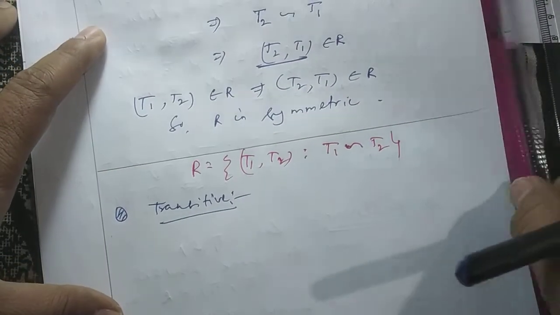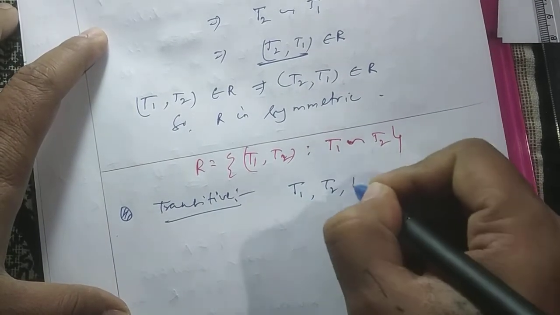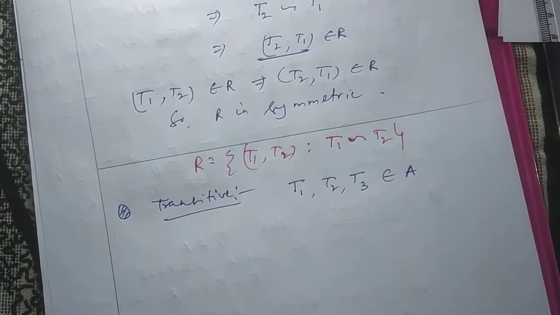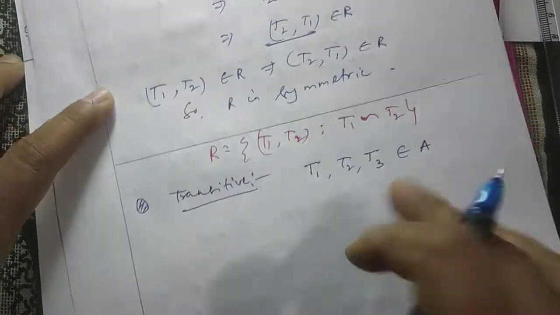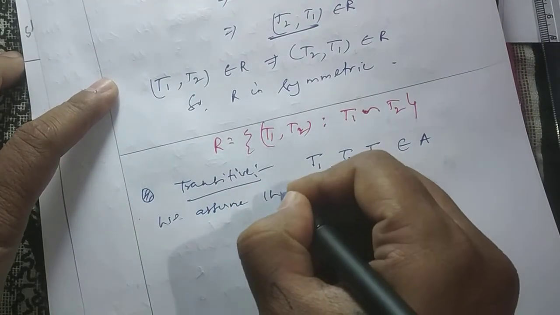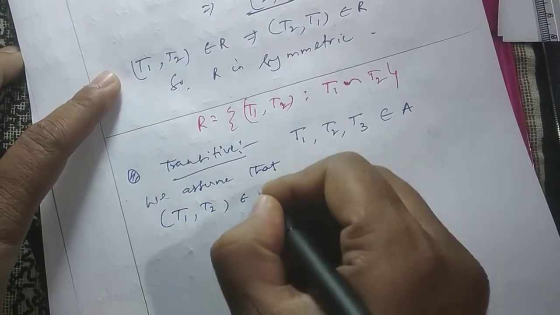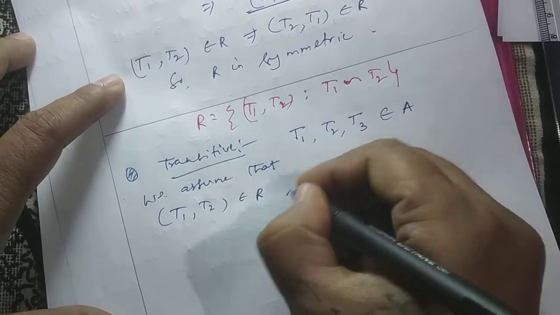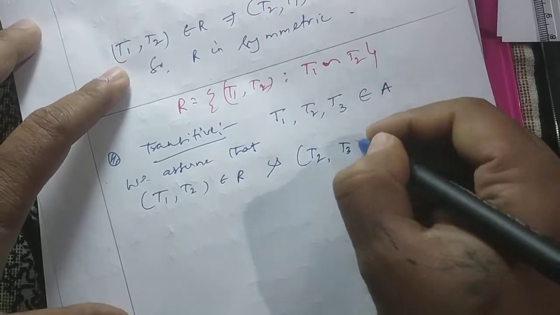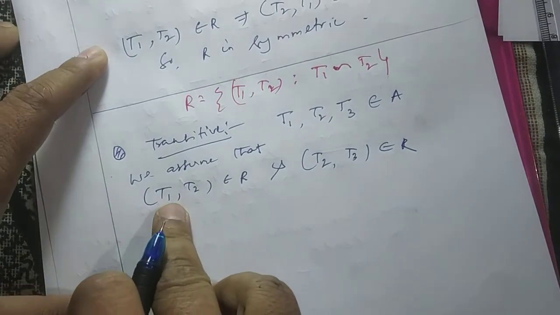We know, to be transitive we need to pick up three distinct triangles, namely T1, T2, T3, from the given set A of triangles, and at the same time we assume that the ordered pair (T1, T2) is satisfying the relation R, as well as another ordered pair (T2, T3) also satisfying R. So what we assumed here?